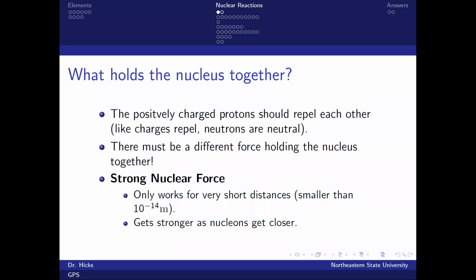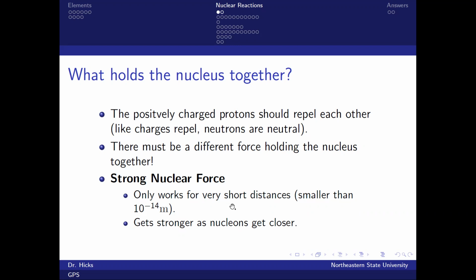And it's attractive. All of the stuff in the nucleus are called nucleons, so the protons and the neutrons, I can refer to those as nucleons. As those get closer and closer together, the strong force kicks in, and that is what's acting against the repulsive electrical force.